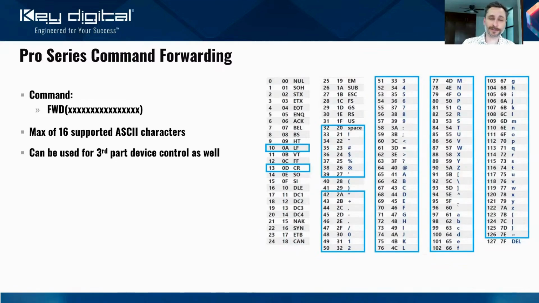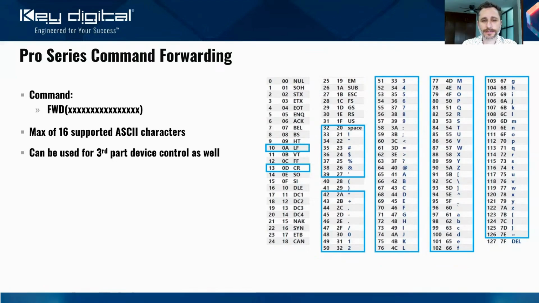It basically gives you an RS-232 port, and it's a flexible baud rate in the switcher. So if you wanted to connect a projector, for example, with RS-232 control, and the projector used ASCII format characters and up to 16 characters maximum. Those are the two requirements, ASCII and 16 characters maximum.